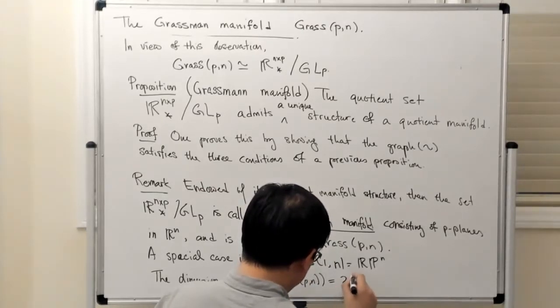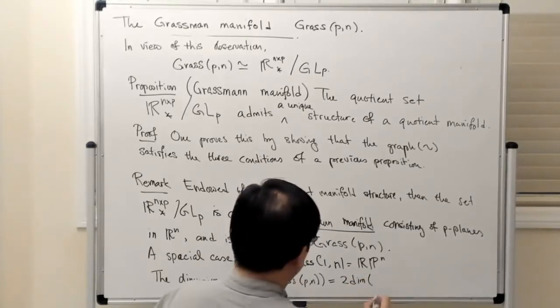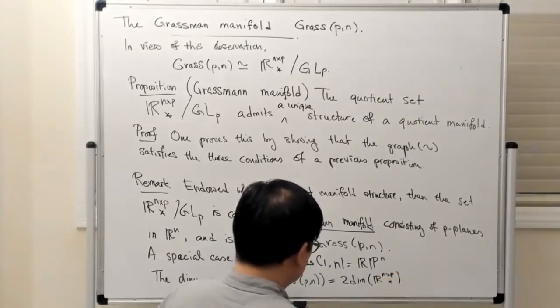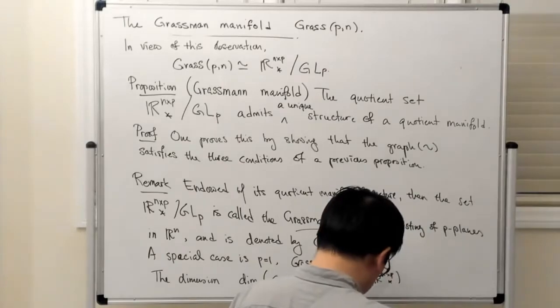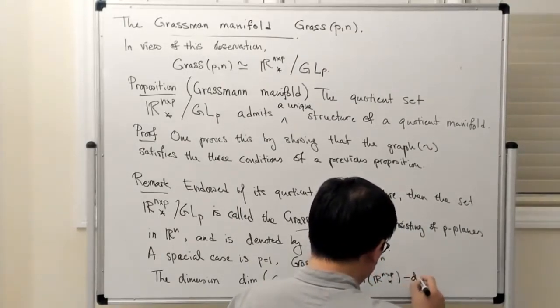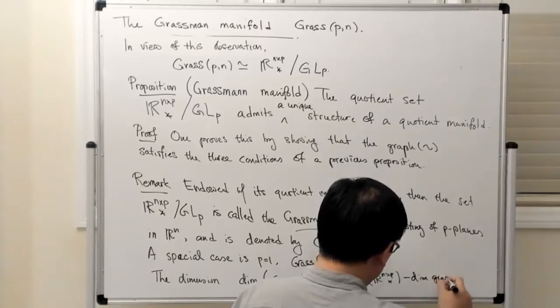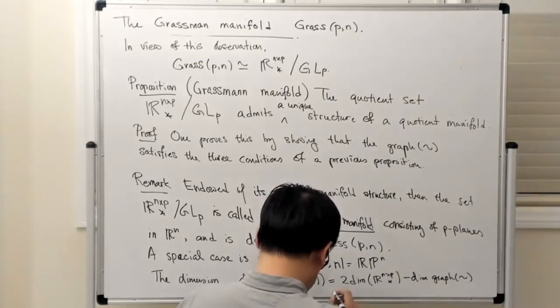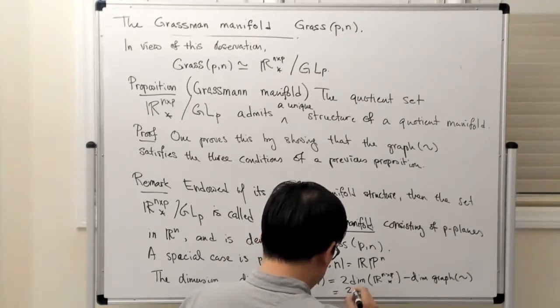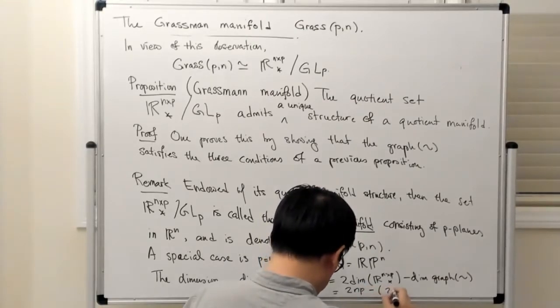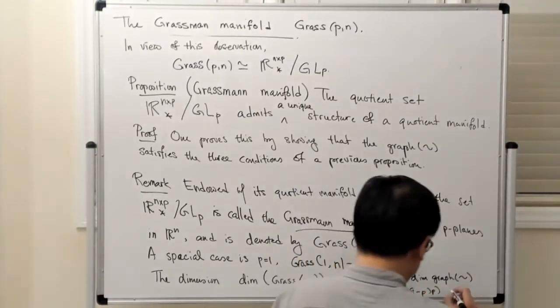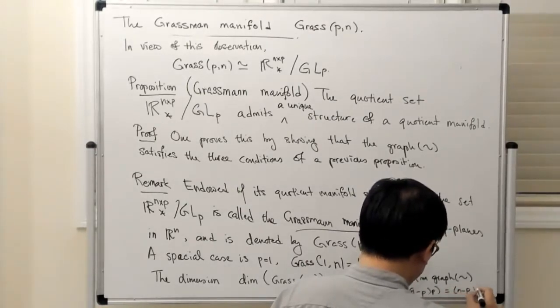So it's 2 times the dimension of R^(n×p)_* minus the dimension of the graph of the equivalence relationship. So this is 2np minus (2np minus (n minus p) times p). So this is going to be (n minus p) times p.